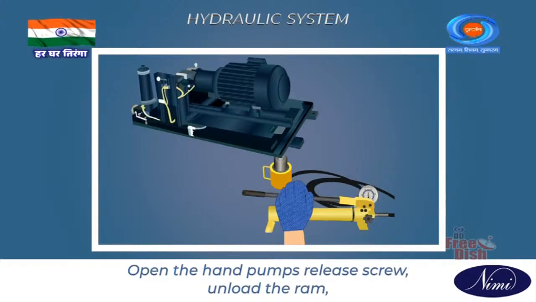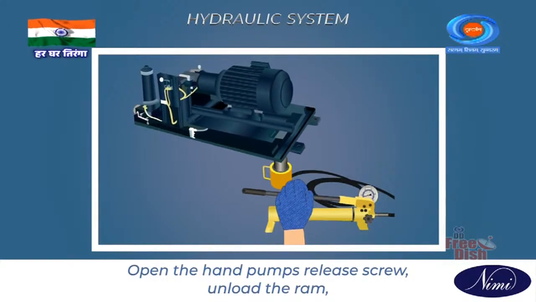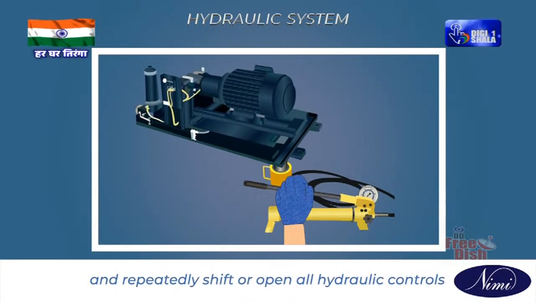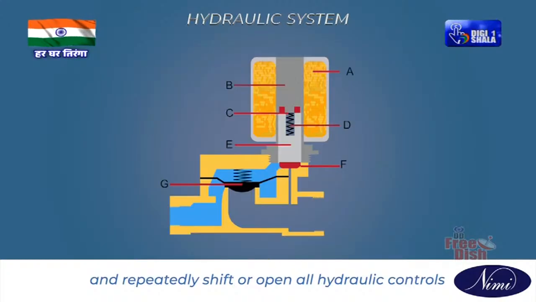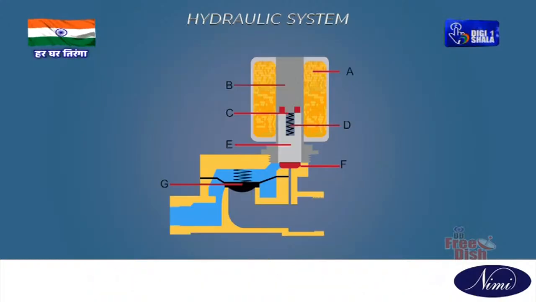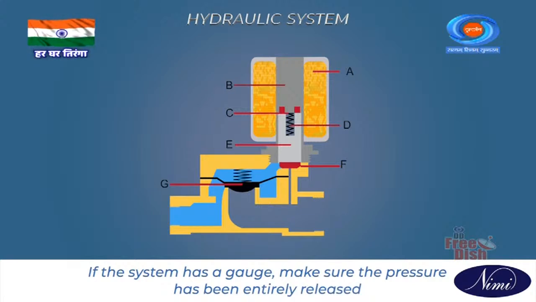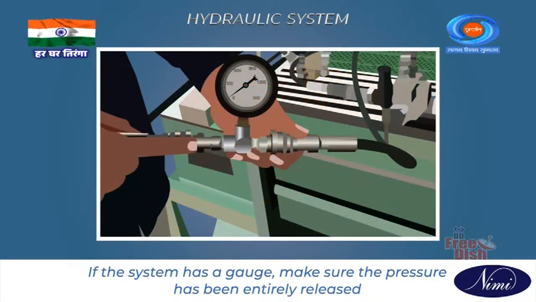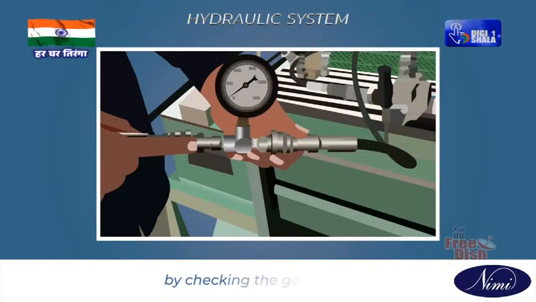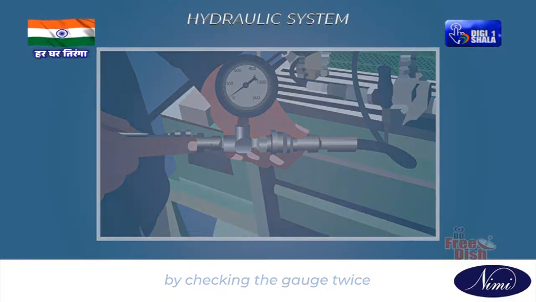Open the hand pump's release screw, unload the ram, and repeatedly shift or open all hydraulic controls. If the system has a gauge, make sure the pressure has been entirely released by checking the gauge twice.